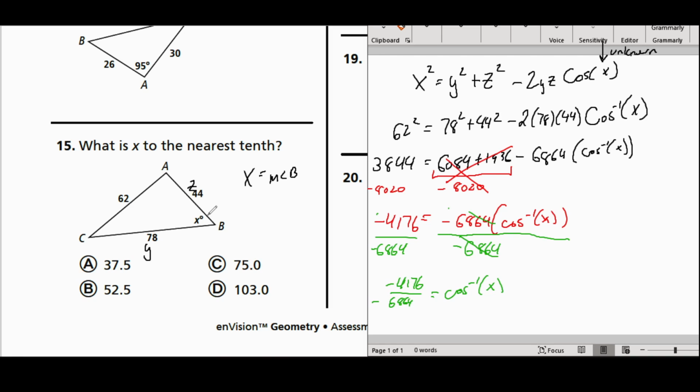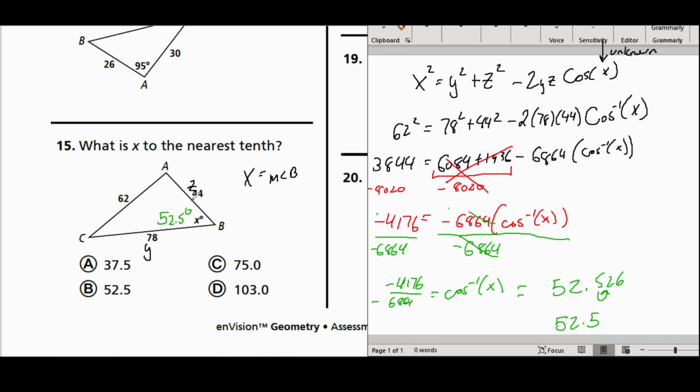And since I want the angle, I'm going to hit second cosine, and this tells me that we have an angle of 52.526. And it says to the nearest tenth. That means 52.5 for my angle x.